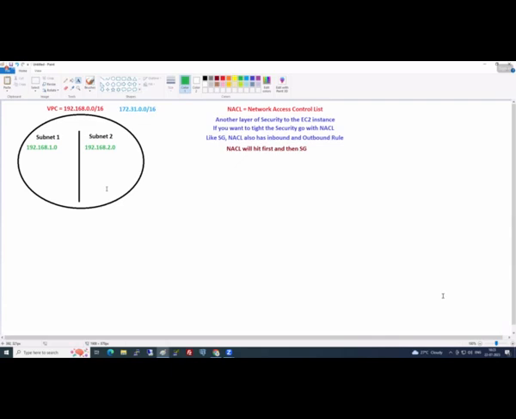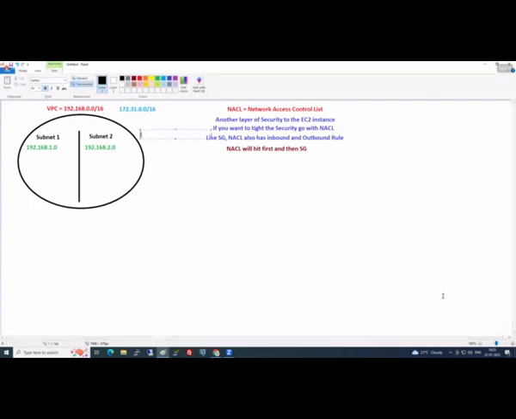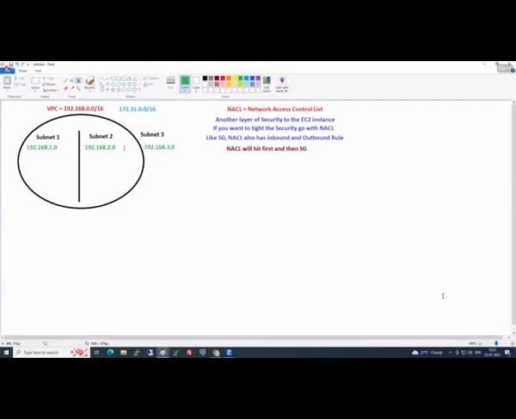We can get so many subnets like this. As we don't have space, I'll go with only 2 subnets. Can I go with 3 also? Yes. I don't have space, but just for your satisfaction, I'll put 3. Here, this will be 192.168.3.0.